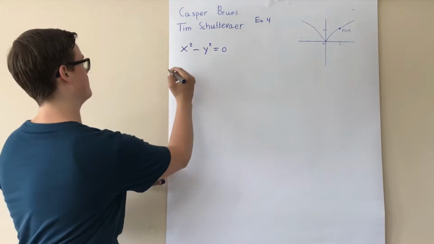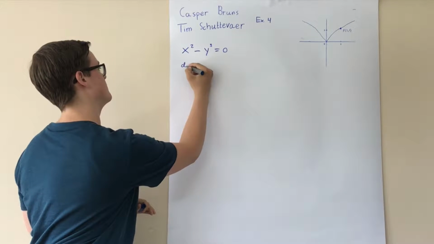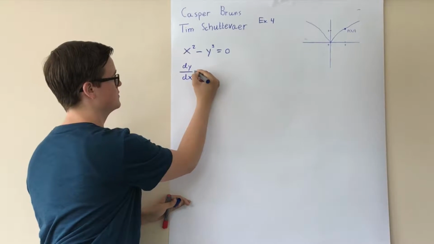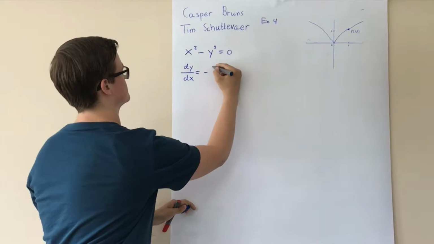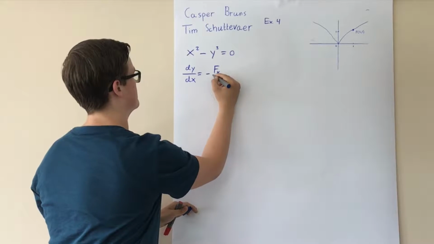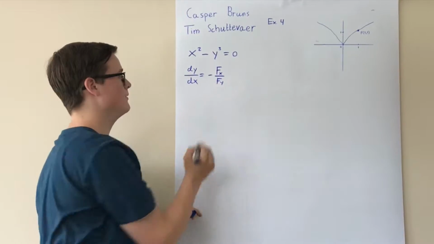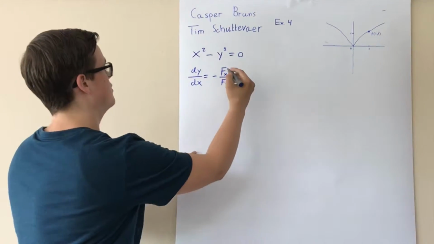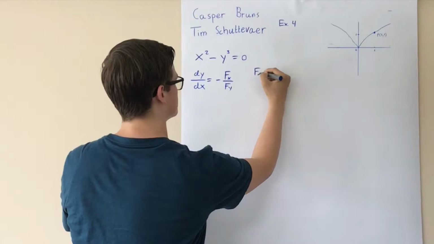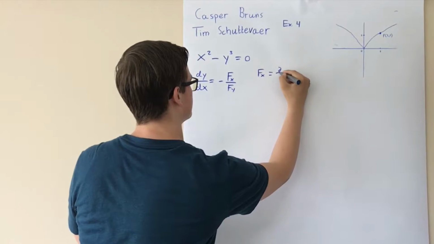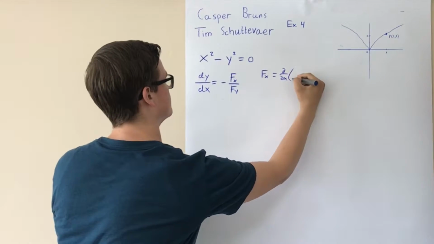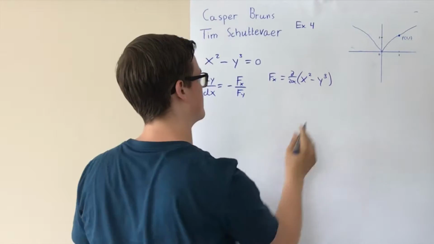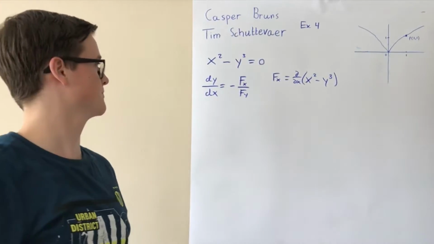So what do we do? We can use the formula for implicit differentiation. We say that dy/dx is equal to minus f_x over f_y. Now we have to define what f_x and f_y are. The definition of f_x is the partial derivative of the function with respect to x.